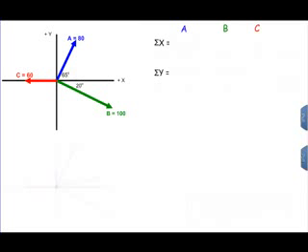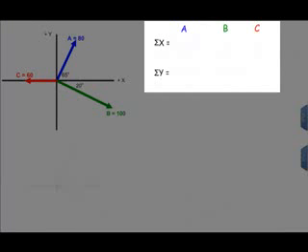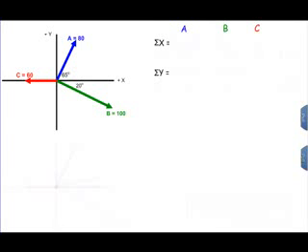Here's the coordinate plane, and I like to set this up using a tabular format where I list the vectors A, B, C across the top, and then I go across adding all the vectors that are acting in the x and y direction. Now these are the vector components that I showed you on the previous slide.